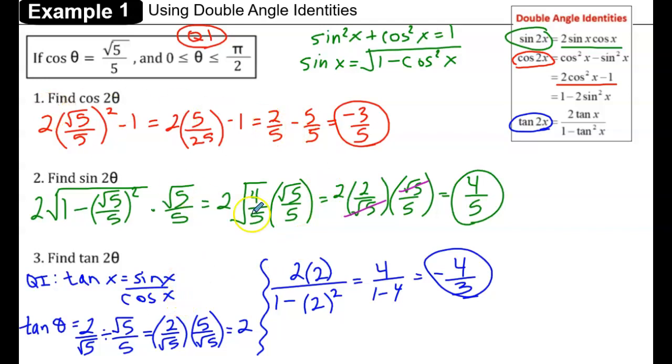And since we know the sine of 2 theta is 4/5, the cosine of 2 theta is negative 3/5, that would be taking 4/5 divided by negative 3/5, which would be 4/5 times 5 over negative 3. The 5's would cancel and we'd have a negative 4/3. So in this problem, it appears that that quotient identity would work with double angles.